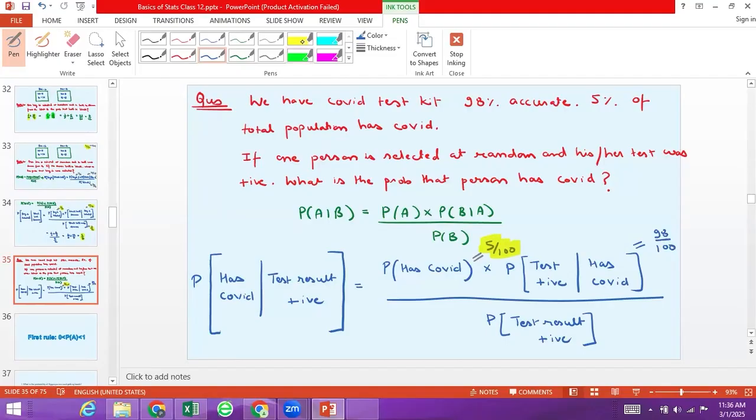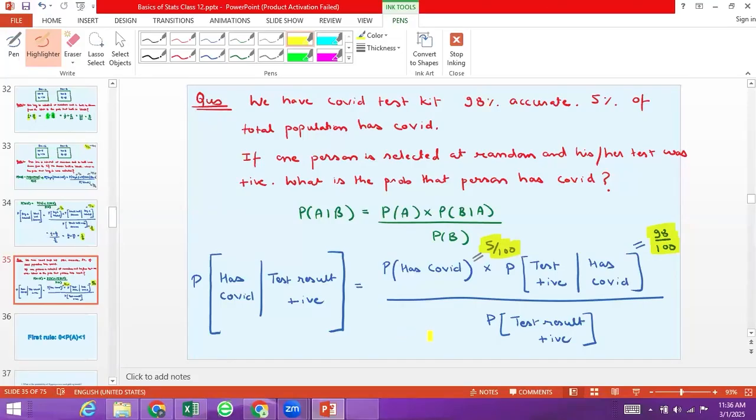Yes. If you have COVID, the chance that your test will come positive is 98%. There's a 2% chance it might come negative, because my testing kit is only 98% accurate. So 98% of the time it gives the right result, and 2% of the time the wrong result.